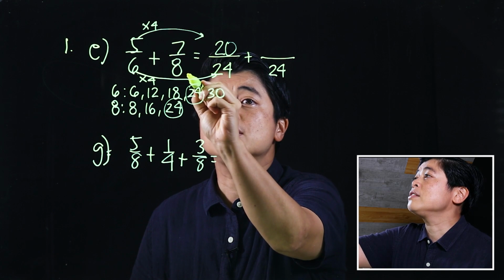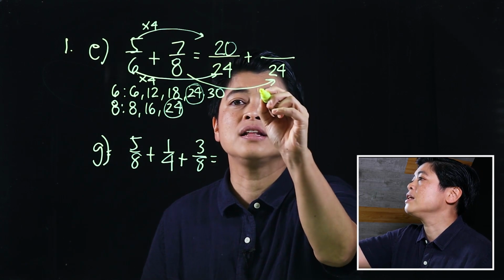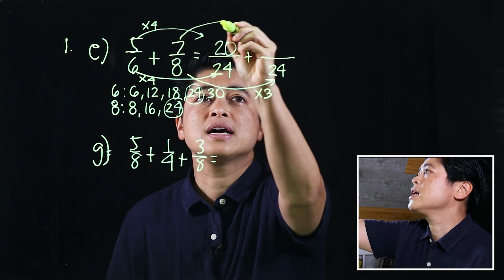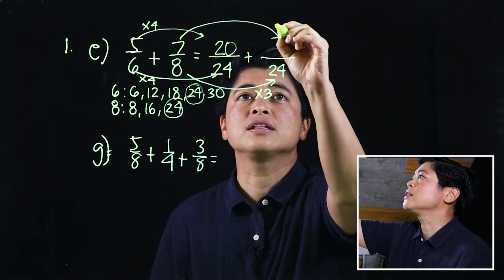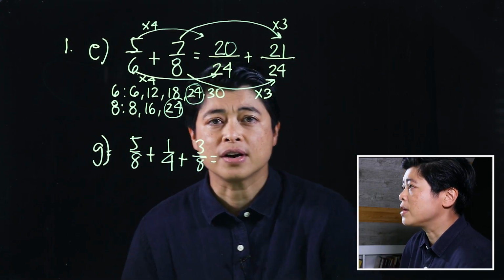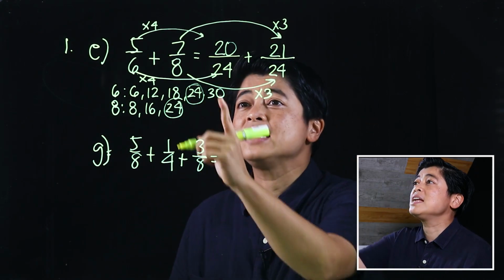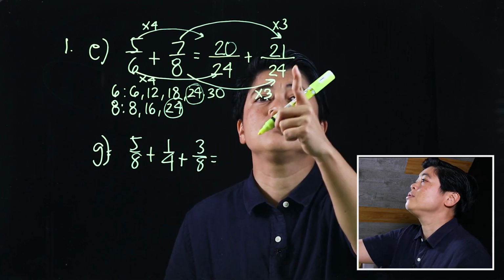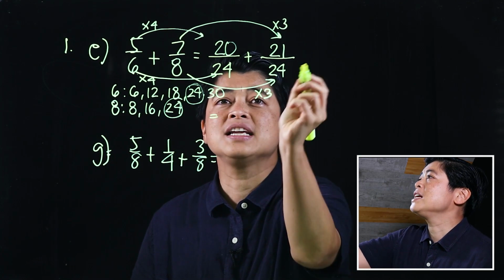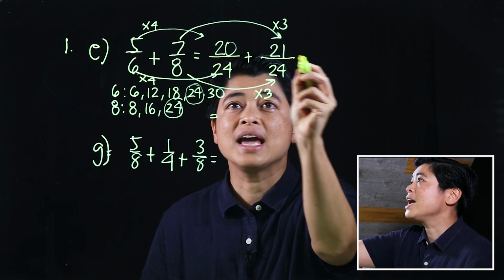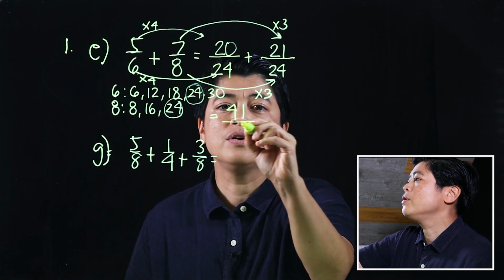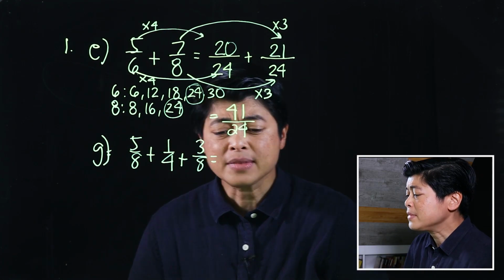To get 8 to become 24, I need to multiply by 3, which means I also have to multiply the numerator by 3, making this 21 over 24. So 7/8 is equivalent to 21 over 24. If we now add that together, we end up with 41 over 24.